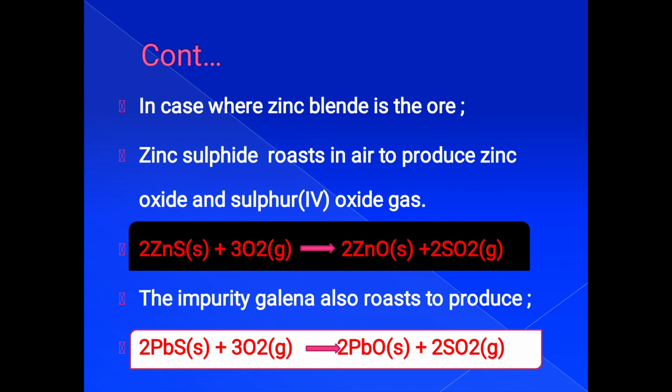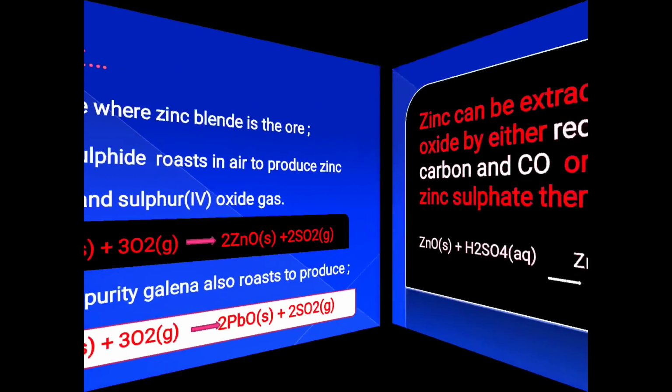Remember that our interest always is where we have zinc. And the impurity galena is also roasted. Every time we have zinc blende, it is very likely that we also find galena mixed, and galena is basically lead sulfide. On roasting it, it gives us lead oxide and sulfur 4 oxide.